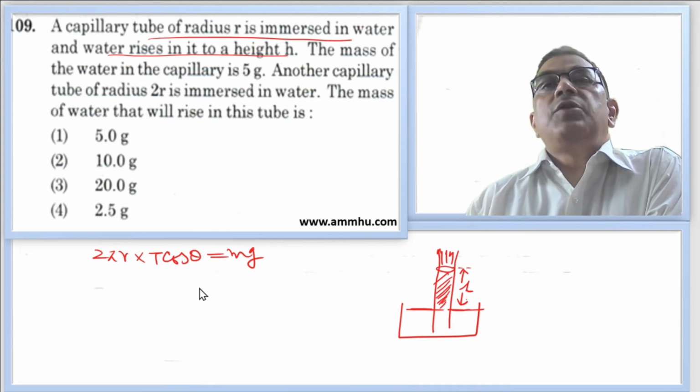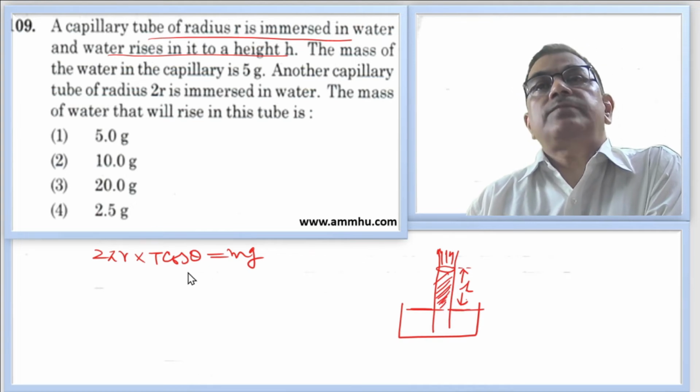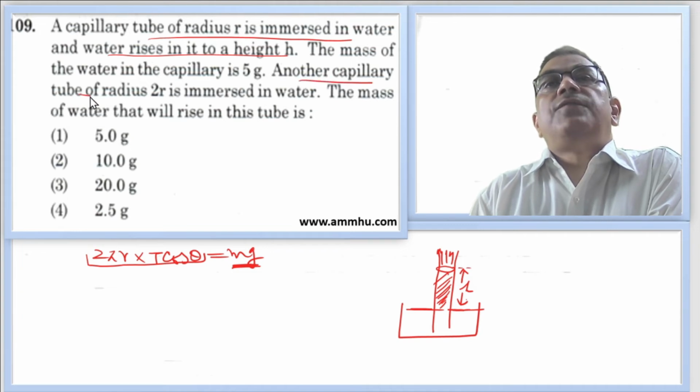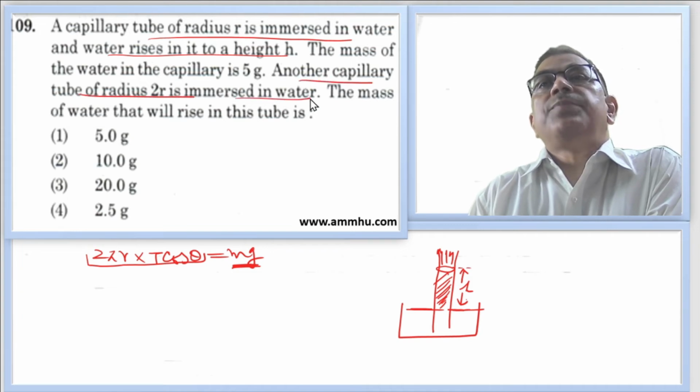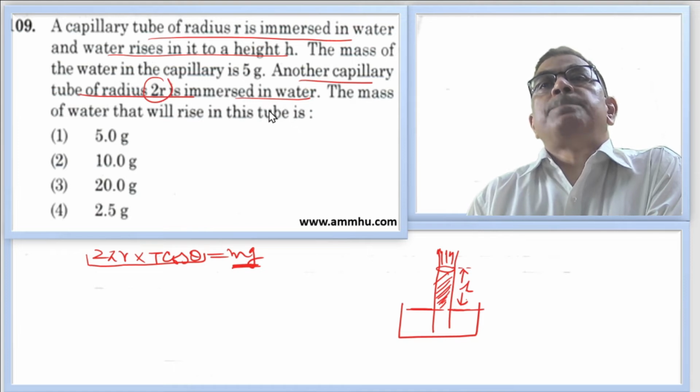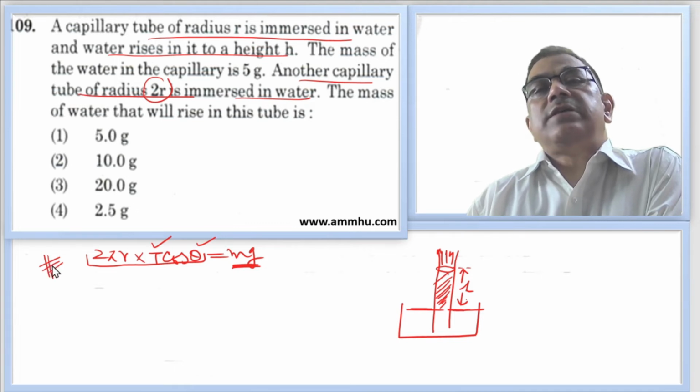Is that right? Now next part, if you see carefully, 2 pi r T cos theta is equal to mg, and in this case, another capillary of radius 2r is immersed in the water. Because the second capillary has twice the radius of the previous capillary in the same water, we are assuming that theta is the same, T is the same, and the radius is doubled. This should always be applicable whenever a capillary is immersed inside a liquid.